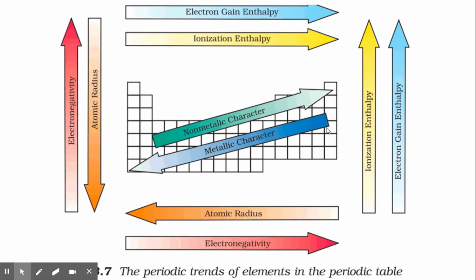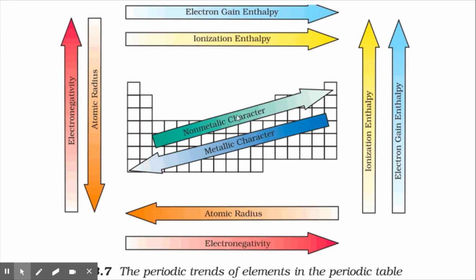Everything on the periodic table follows certain patterns, and where it's located on the table will give you a generalized idea of how much or little of certain characteristics that element has.